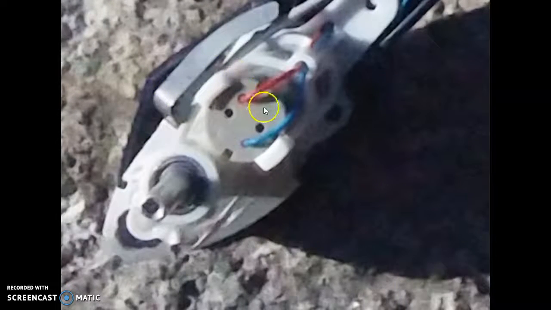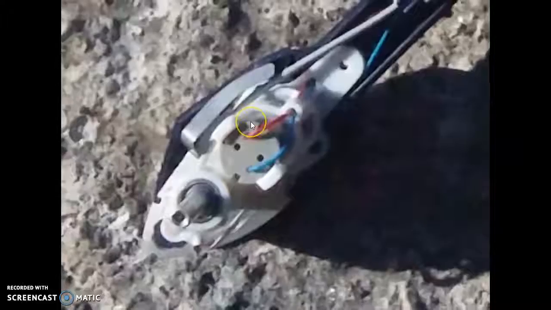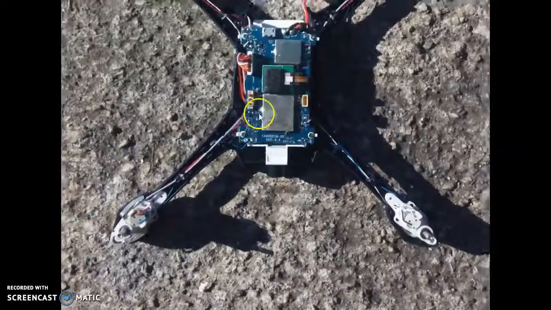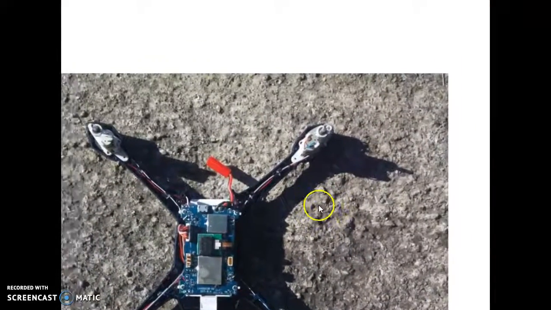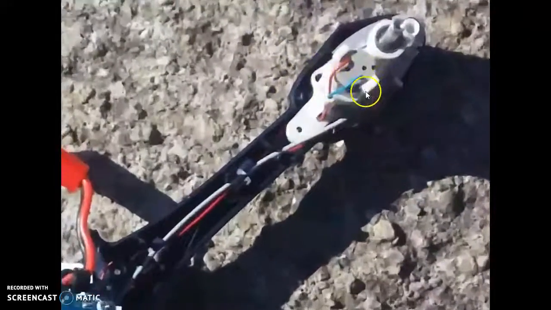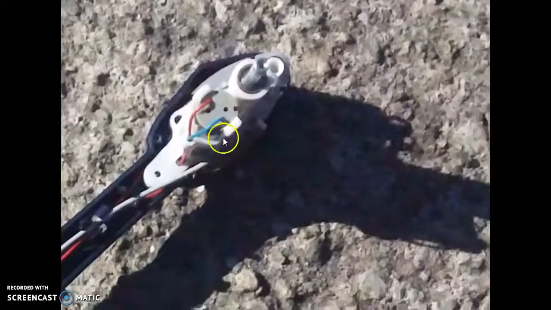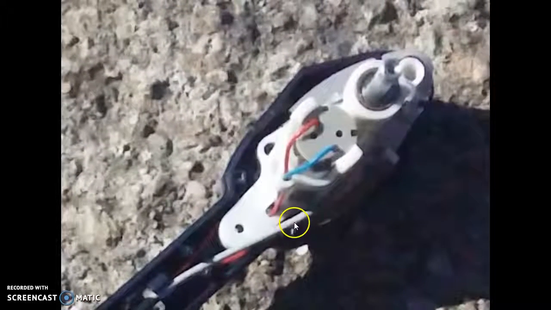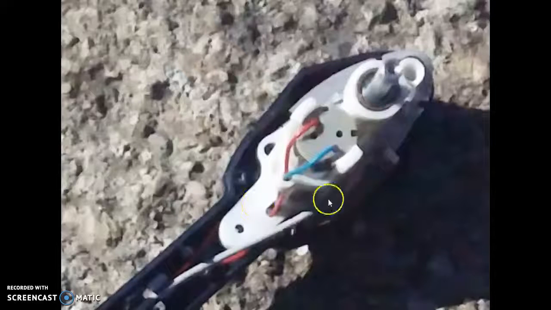This is a shielded cable that goes to this antenna. There's also an identical antenna on the other side, right here. Here's the RF cable, and here's the antenna that wraps around it.